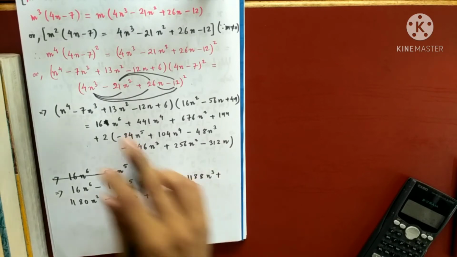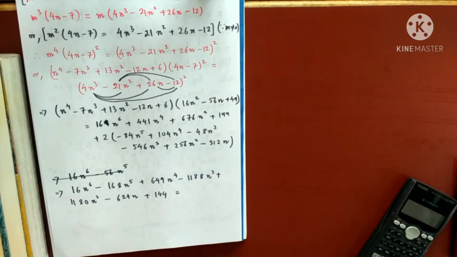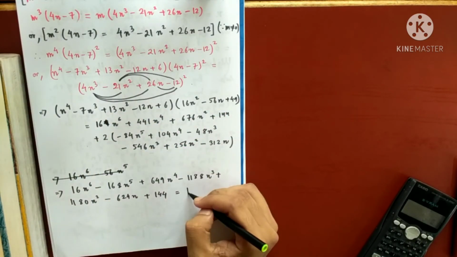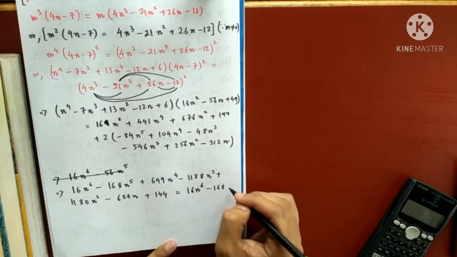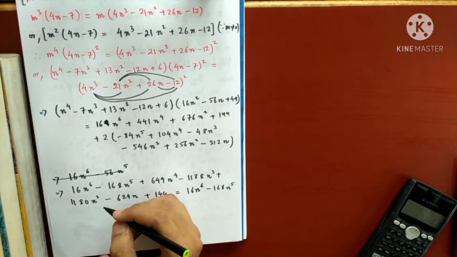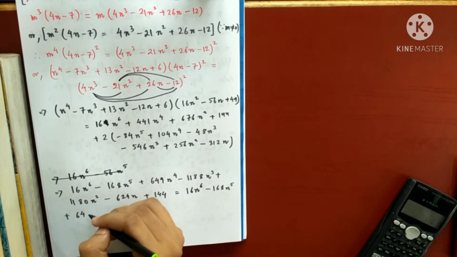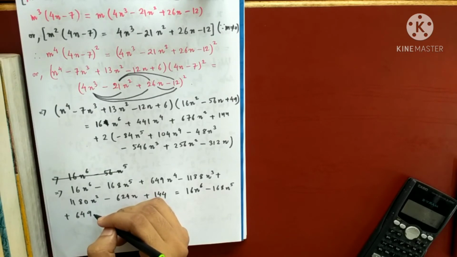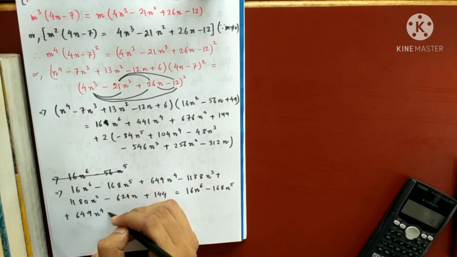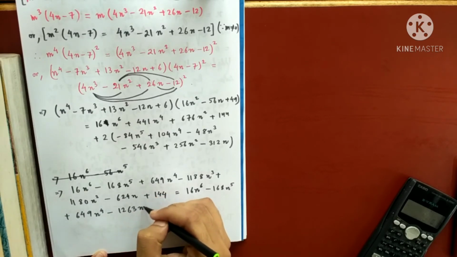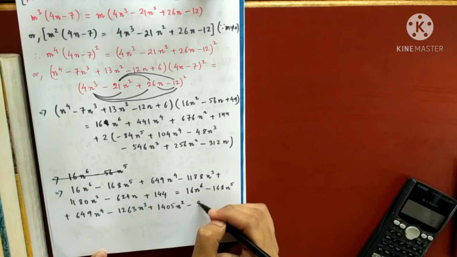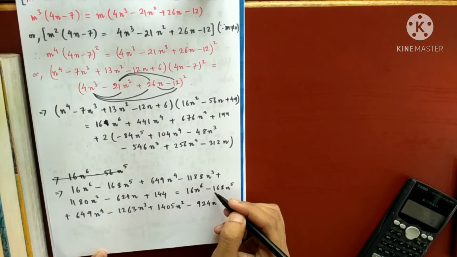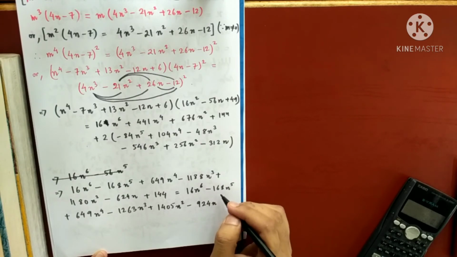this, equal to, and what is the left hand side after multiplying this with this? I'll write it down. So the left hand side is this: 16n to the power 6 minus 168n to the power 5 plus 649n to the power 4 minus 1263n cube plus 1405n square minus 924n plus 249.